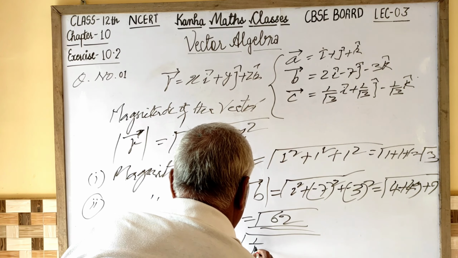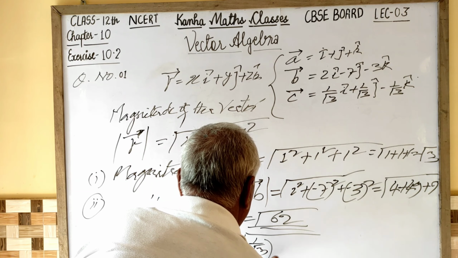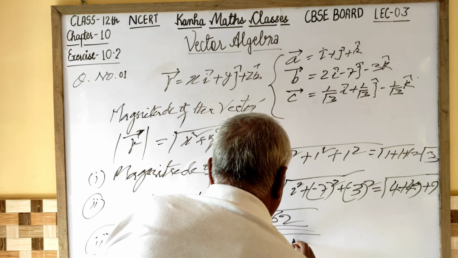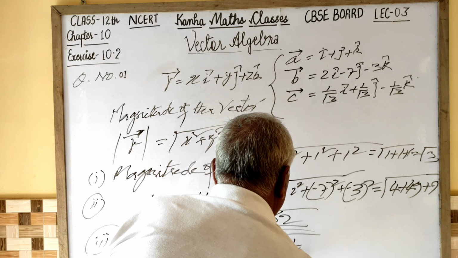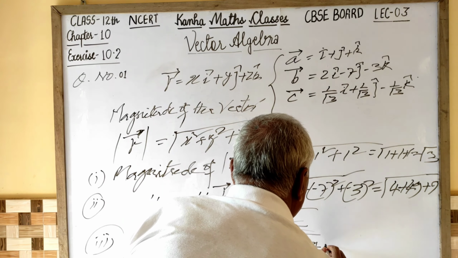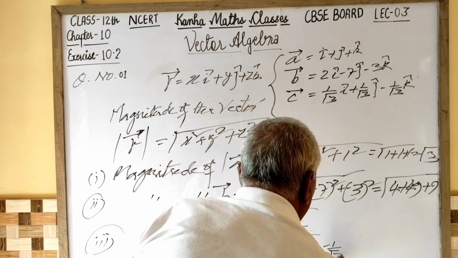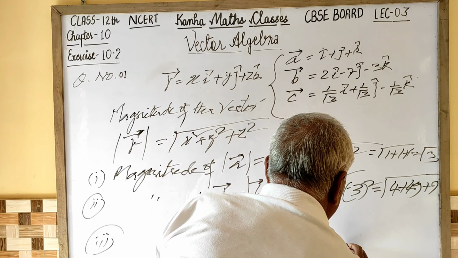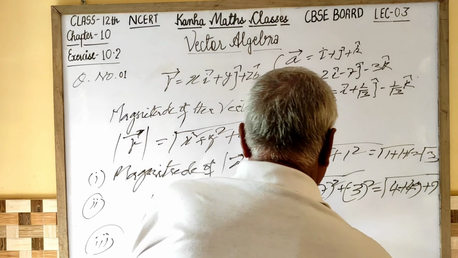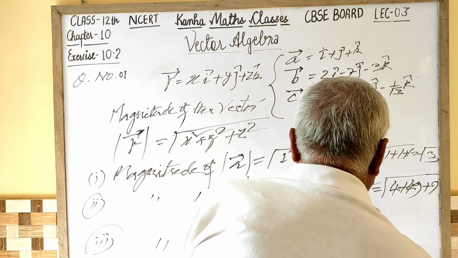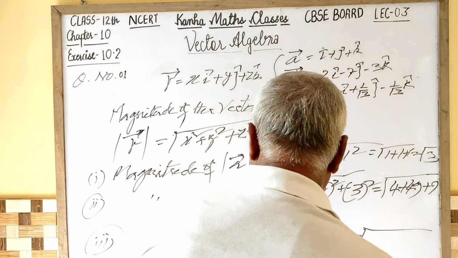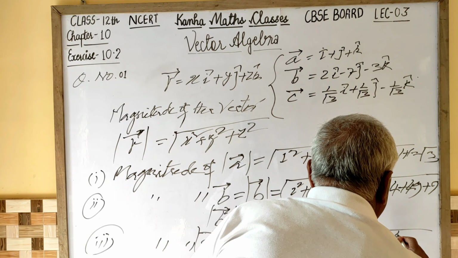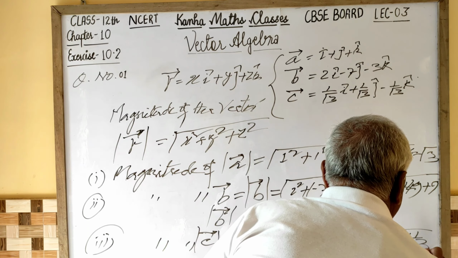Now this is 1 upon root 3 square plus 1 upon root 3 square plus minus 1 upon root 3 square, and this is under root 1 upon 3 plus 1 upon 3 plus 1 upon 3.